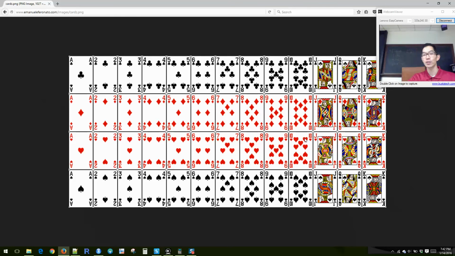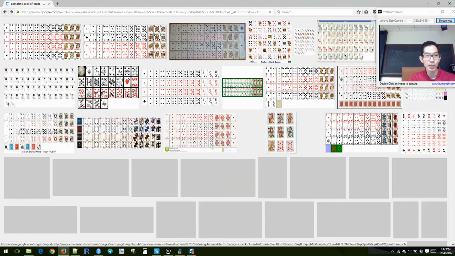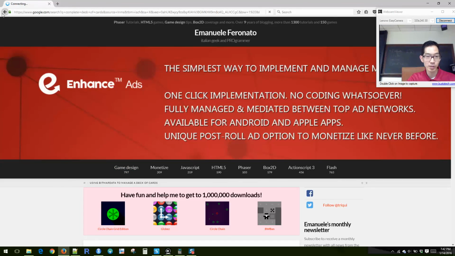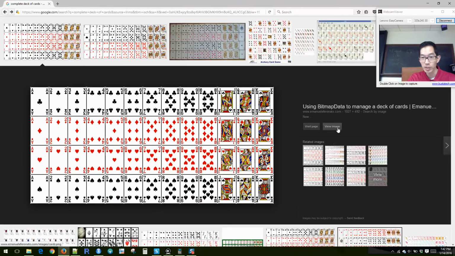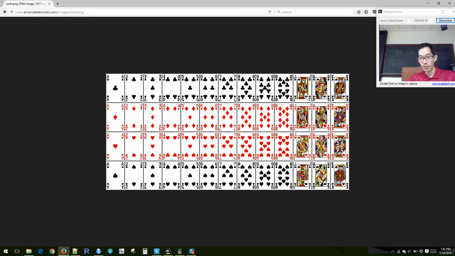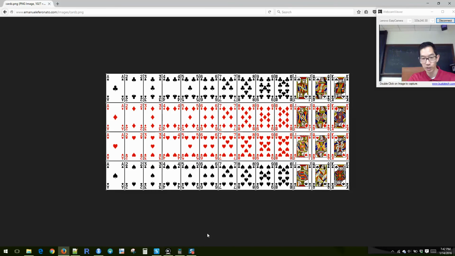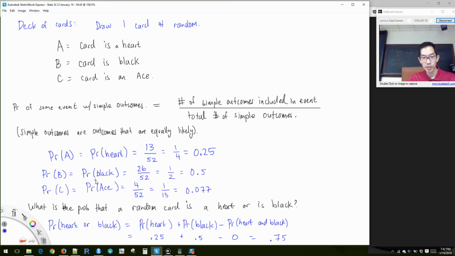And so I suppose if you looked at this picture, which I just found by searching for a complete deck of cards, this is how we've determined how we got these values. 13 cards are hearts. How many cards are black?